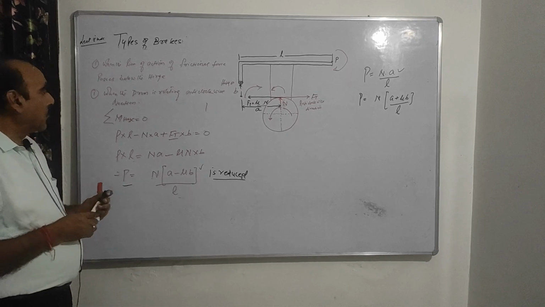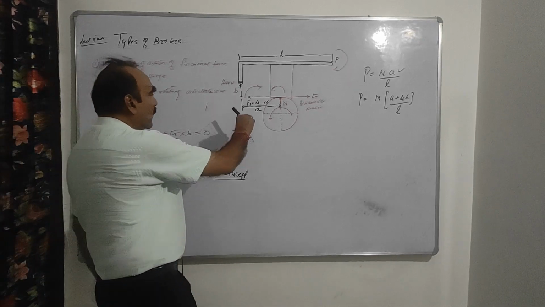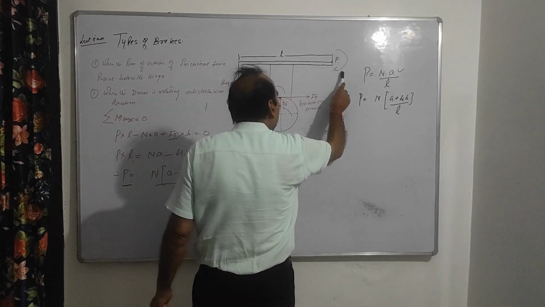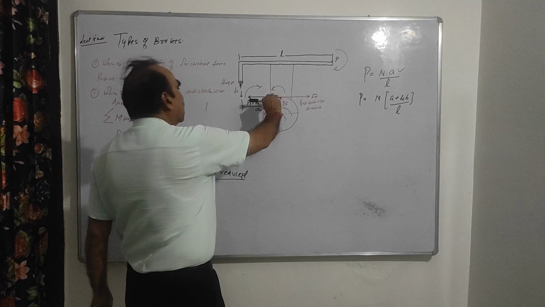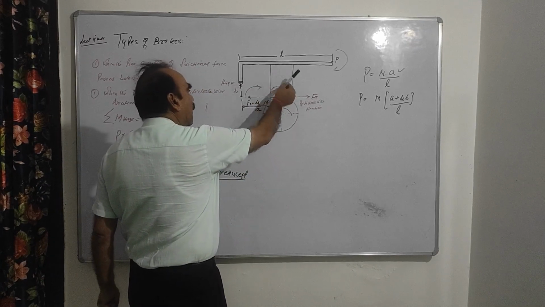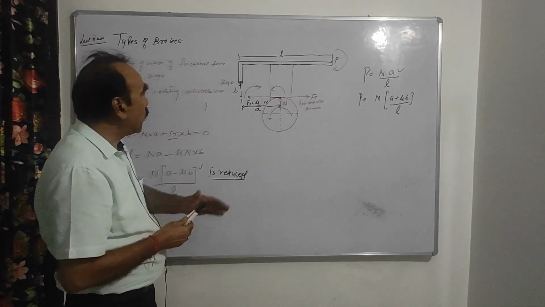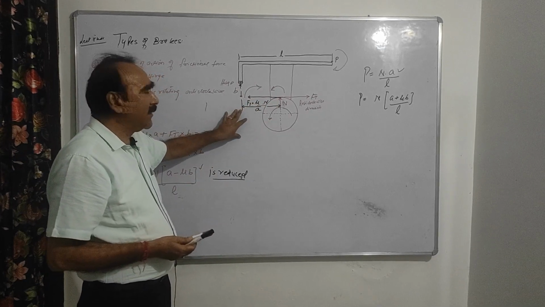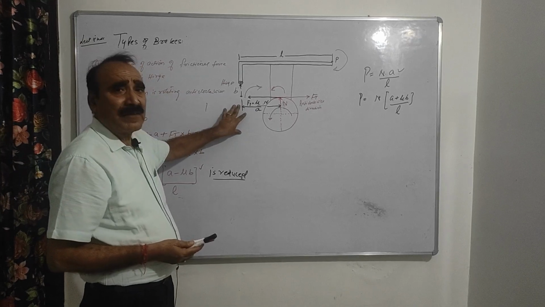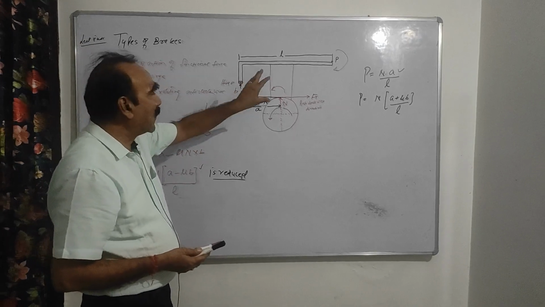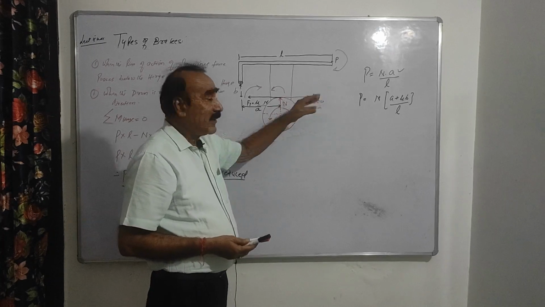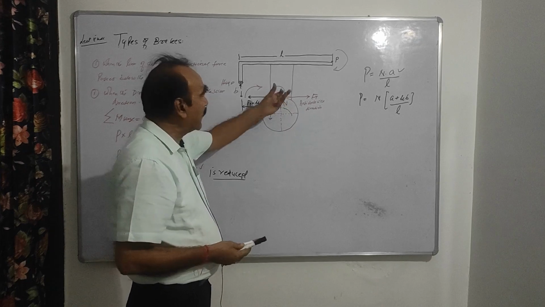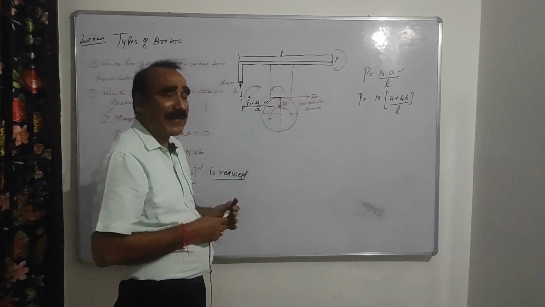Because here you will see from this diagram that the moment is applying a clockwise movement, whereas this Ft is also applying a clockwise movement. So both are applying the clockwise movement. It means that Ft is helping the effort P to apply the brake, because it is in the same direction, the clockwise direction.